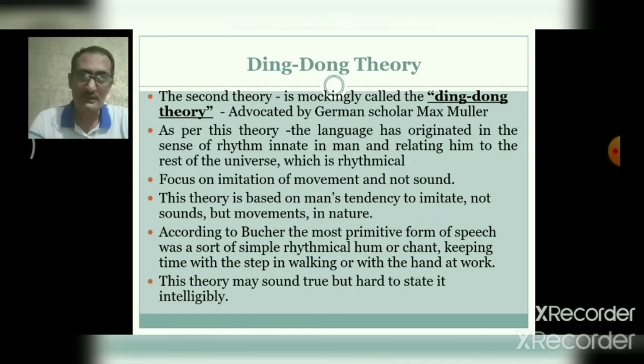According to Butcher, another anthropologist, the most primitive form of speech was a sort of simple rhythmical hum or chant, keeping time with the step in walking or with the hand at work.